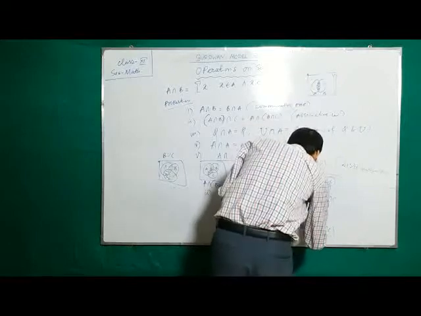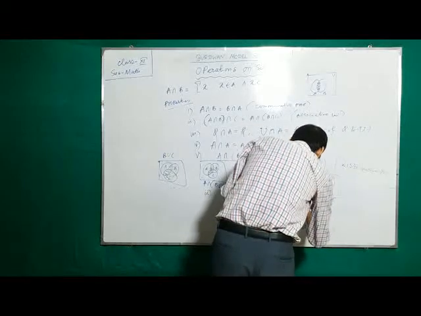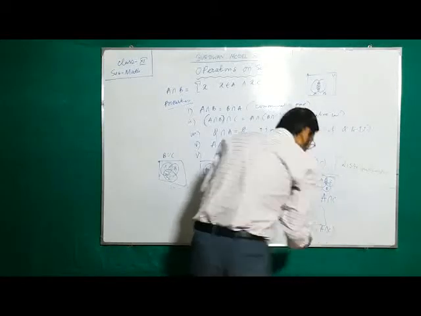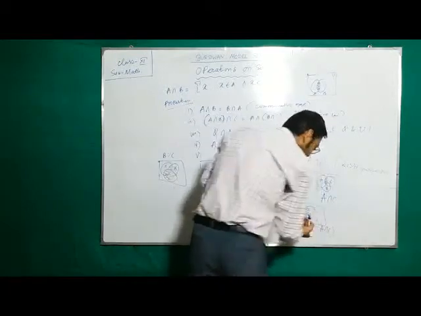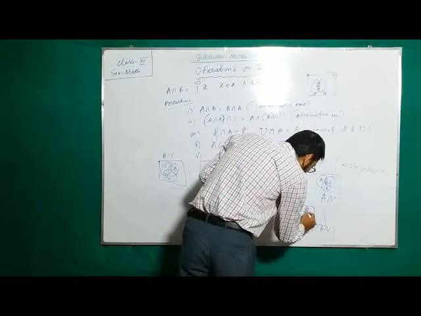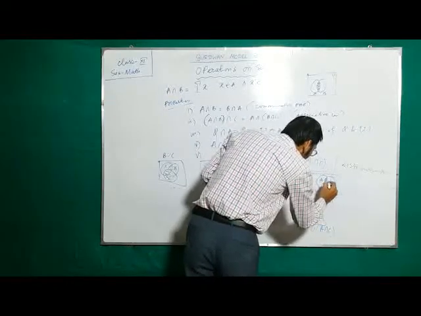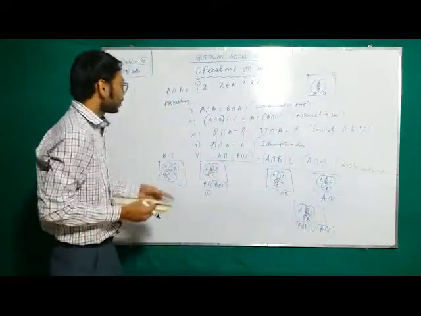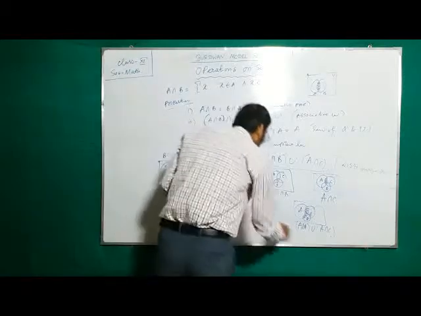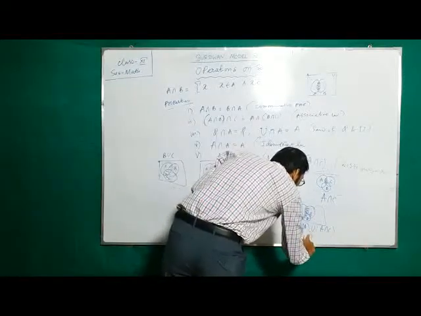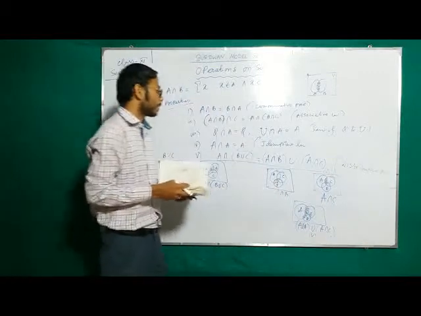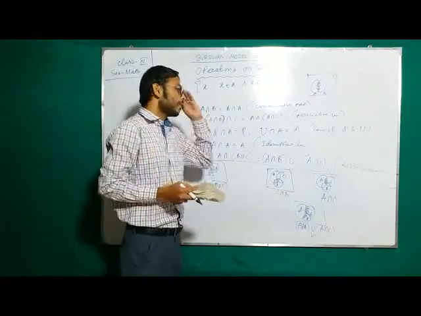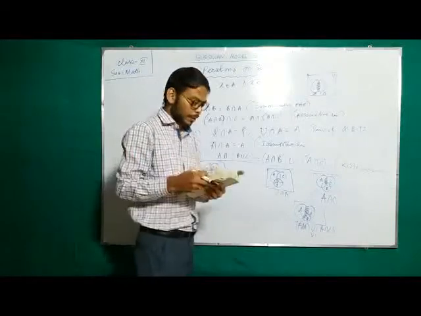It gives this portion. Okay, so now we can see that figure number 2 and figure number 5 both give the same Venn diagram. So from the Venn diagram we can check all the properties.